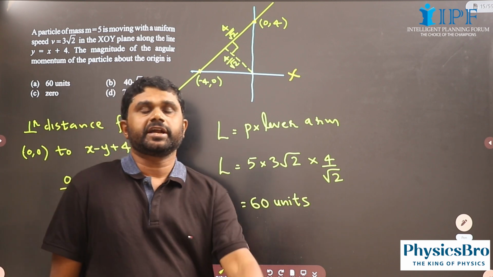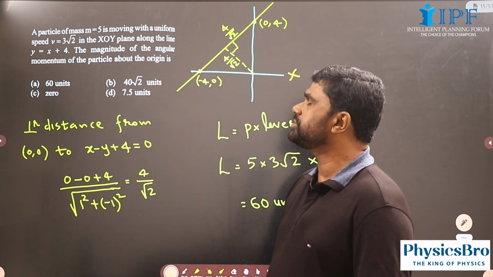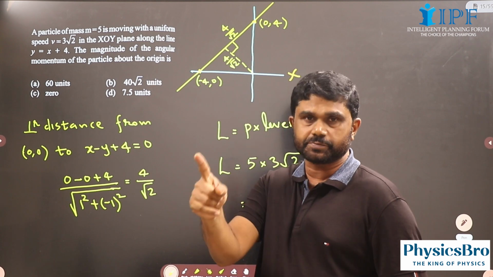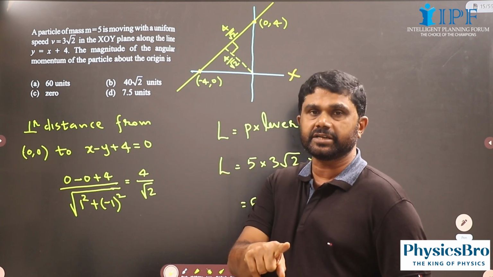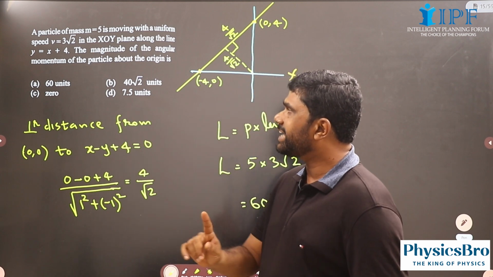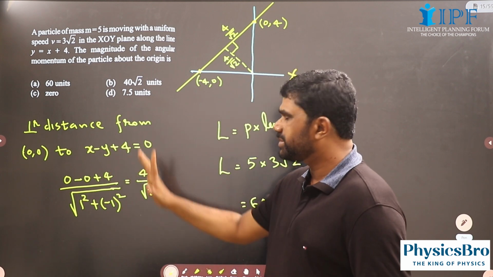Okay. Now children, we have the equation of the straight line along which the particle is moving, that is given as y equal to x plus 4. It can also be written as, take this y to the right, you will get x minus y plus 4 equal to 0.